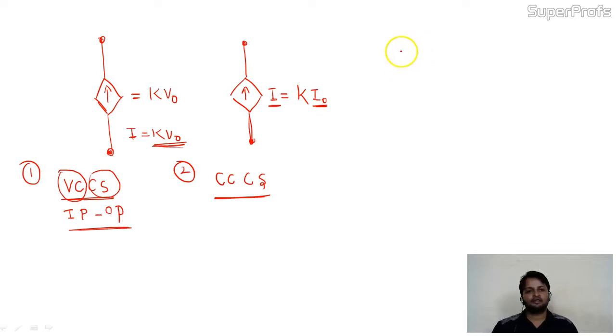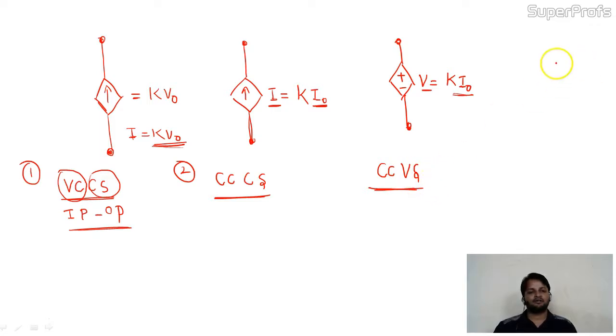Now come to the third type of dependent source. It is a voltage source V, and the value of this voltage is nothing but Ki0. Which type of source is this? Yes, voltage source, and the voltage is controlled by current, so this is the current control voltage source, CCVS.